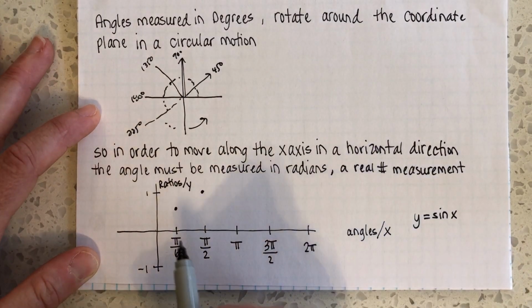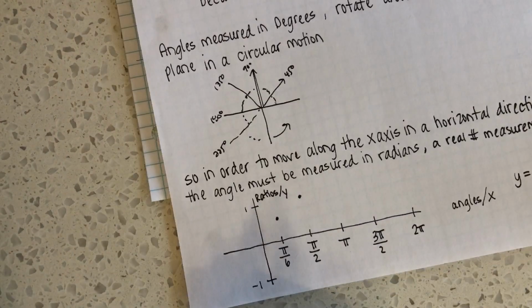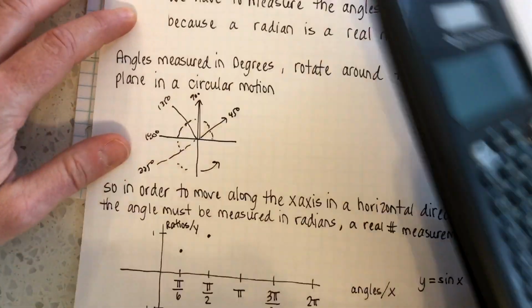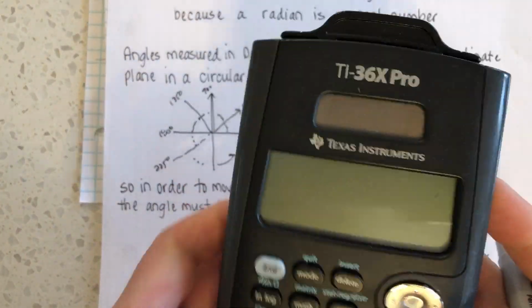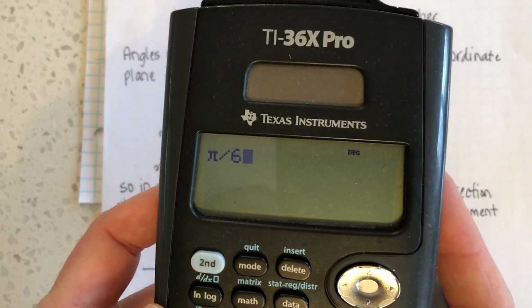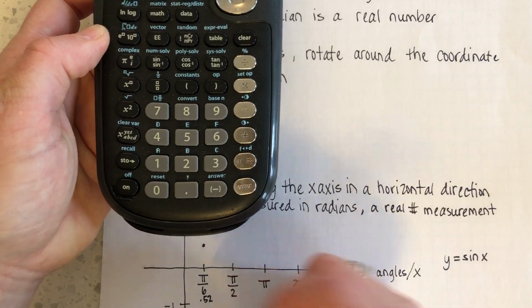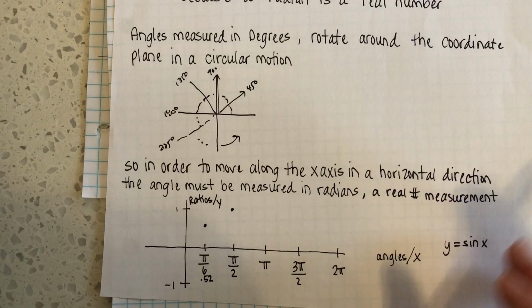But guys, remember, at the end of the day, these are real number measurements. Pi over 6, 30 degrees, a radian measurement of pi over 6, literally that number is pi divided by 6. Pi divided by 6, that's a number of 0.52. That's a real number.